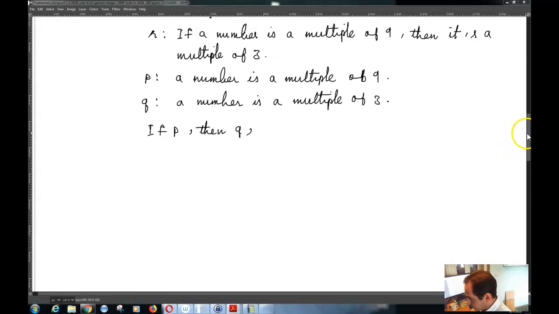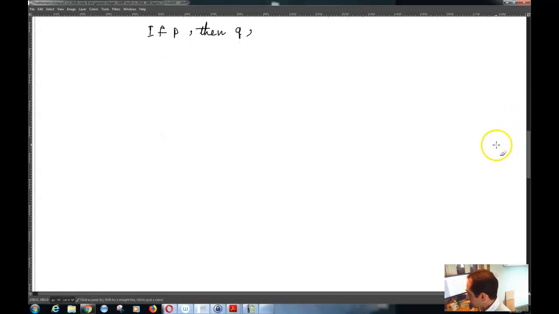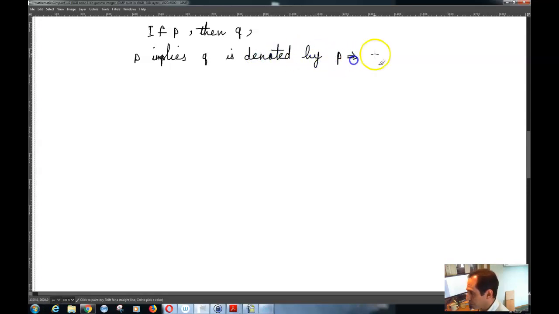Number one, first of all, P implies Q, denoted by P implies Q. What this means is that a number is a multiple of 9 implies that it's a multiple of 3.